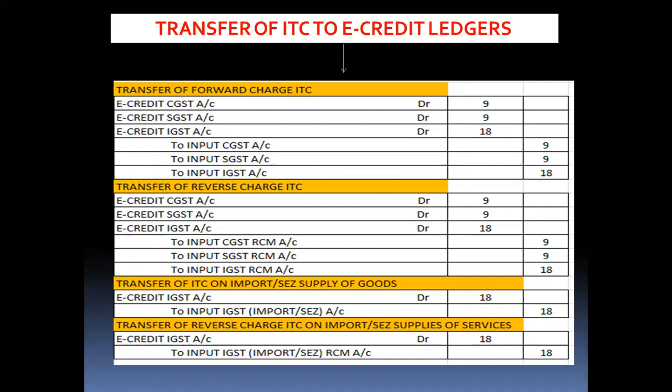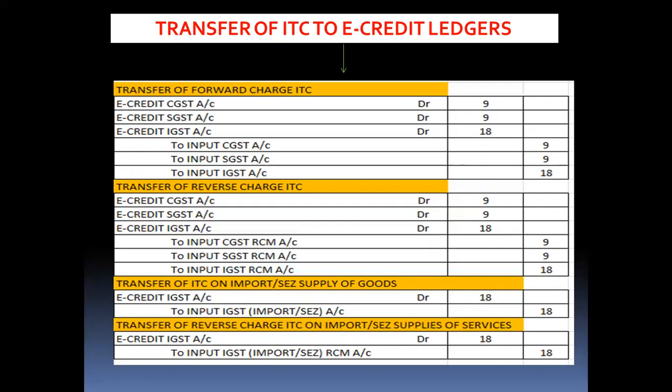So for the transfer of forward charge ITC, e-credit CGST account debit, e-credit SGST account debit, e-credit IGST account debit, to input CGST account, to input SGST account and input IGST account. For transfer of reverse charge ITC, the entry would be e-credit CGST account, e-credit SGST account, e-credit IGST account debit, to input CGST RCM account, input SGST RCM account and input IGST RCM account.